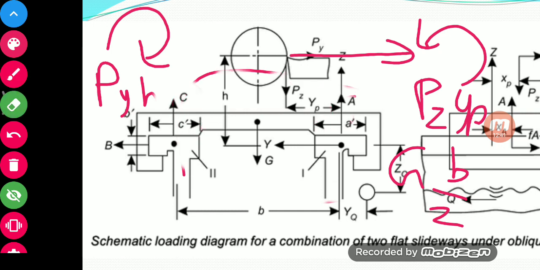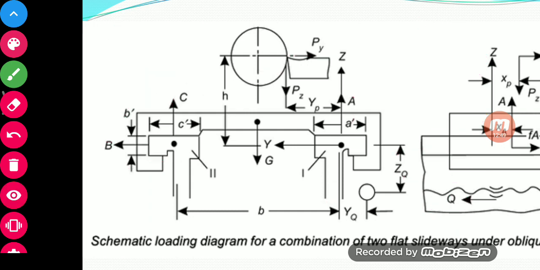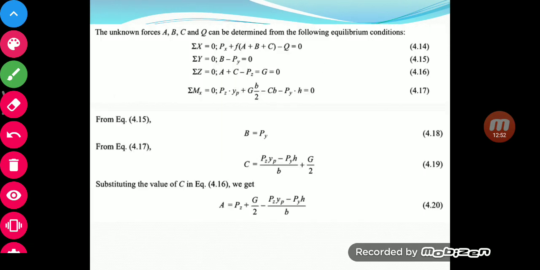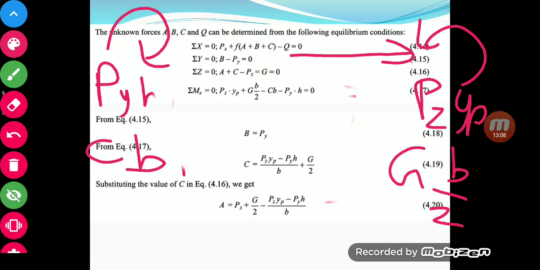So the last component here is your C multiplied by B. Let us see if we have covered all the forces. We have considered Pz, we have considered Py, we have considered G, and we have considered C. Your Pz yp is positive, so they have considered anti-clockwise as positive, and G into B by 2 is positive, and these last two are negative, C times B and Py times H.